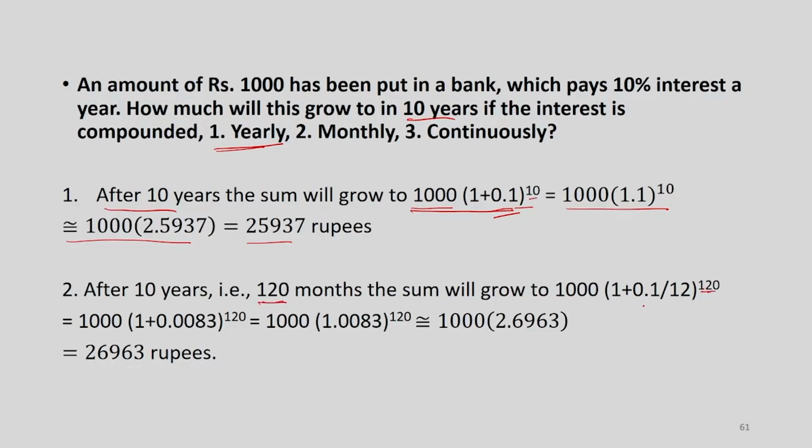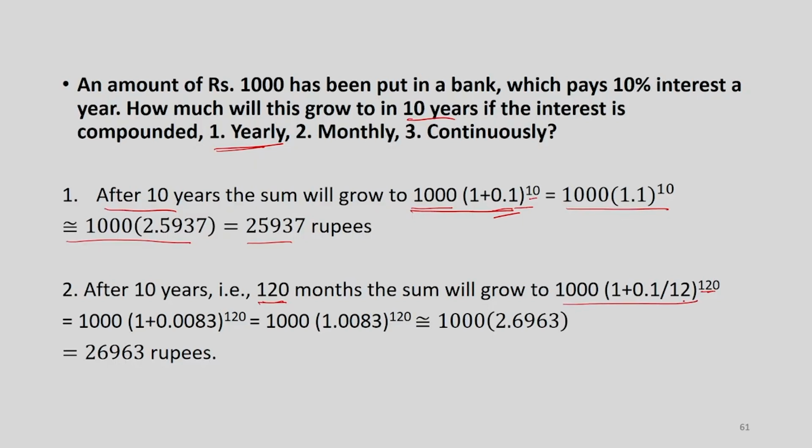However, I have to be careful with the rate of interest. Rate of interest is per month. It is whatever the rate of interest is annually divided by 12, so it is 0.1 divided by 12.